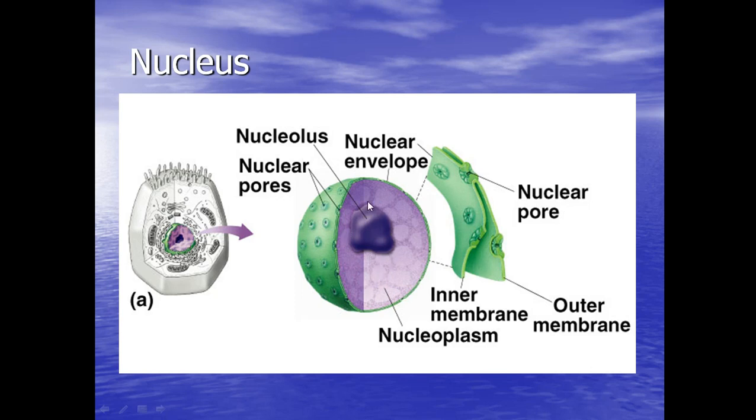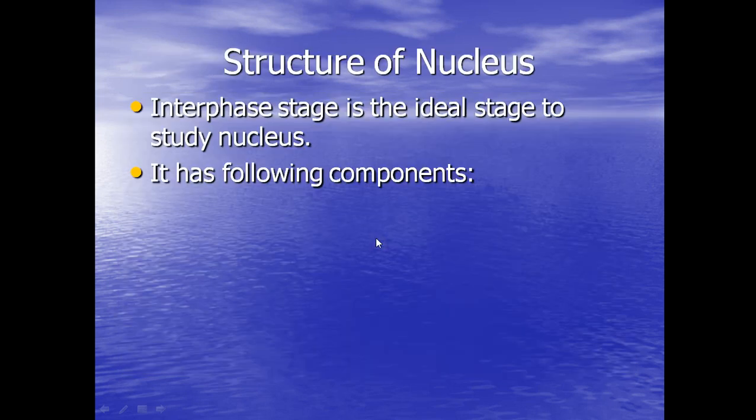Within the nucleoplasm you can see the nucleolus. Externally it is bounded by a membrane, a double phospholipid bilayer which you can see here, that is the nuclear envelope or nuclear envelope membrane. Inside you have the fluid material which is popularly called the nucleoplasm. Within the nucleoplasm one can expect the nucleolus.